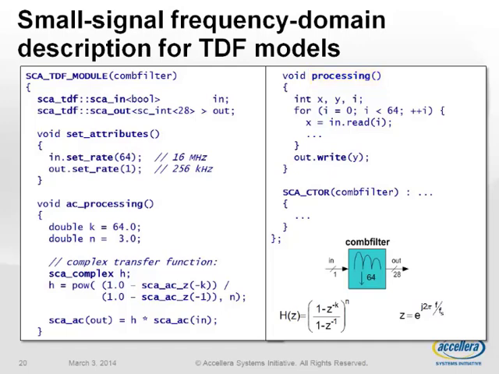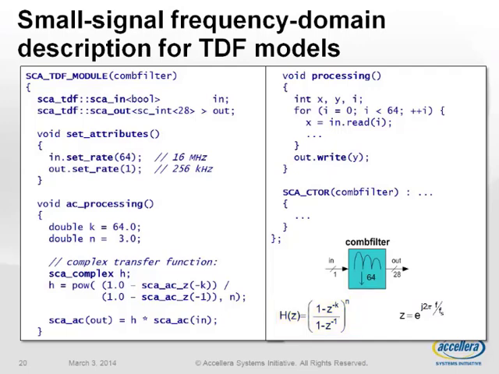And in addition, we also provide an AC processing member function, which provides the transfer function in the AC domain. So the transfer function with the z operator is simply 1 minus z to the power of minus k over 1 minus z to the power of minus 1, taken to the power of n.